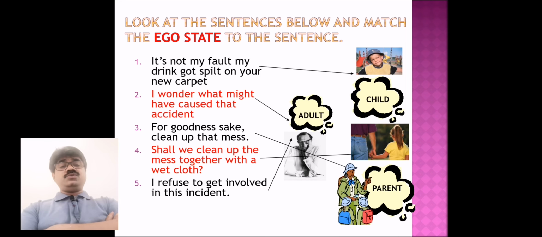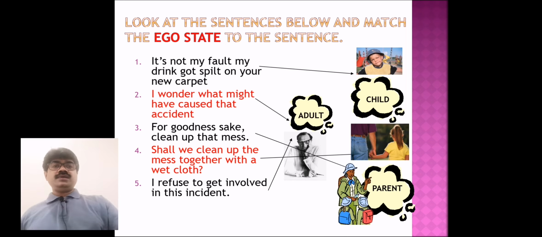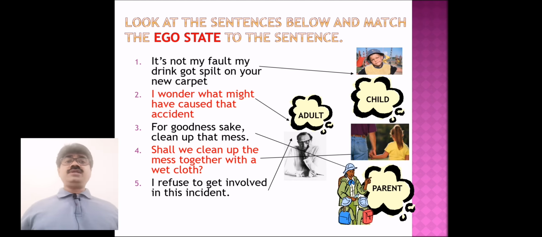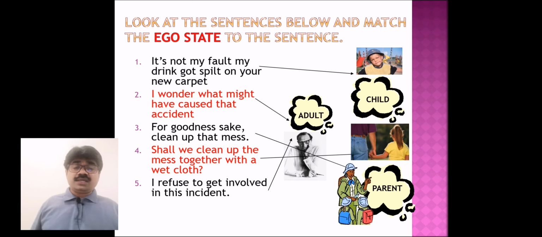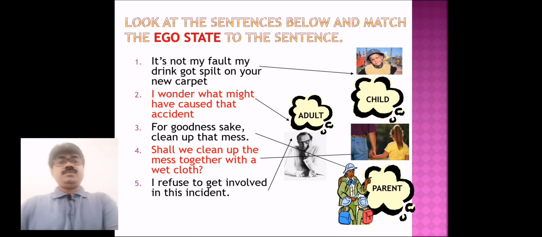Then you're suddenly in a parent ego. "Shall we clean up the mess together with a wet cloth?" That is a child ego again. And then you say, "I refuse to get involved in this incident." Again you're being very practical and getting into an adult state of mind.